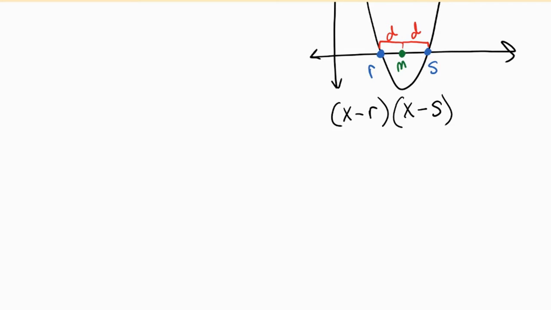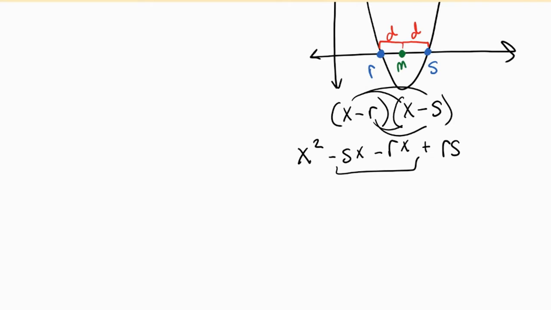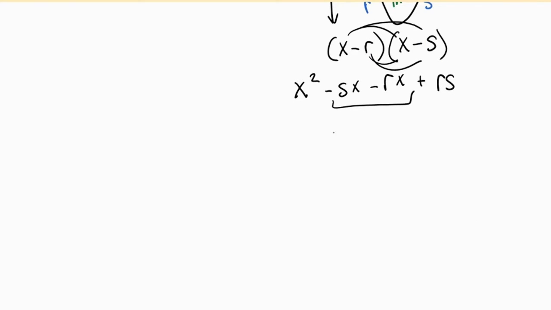Then I'll go ahead and multiply these out: x squared minus sx minus rx plus rs. Then we're going to do a little cleanup with these two terms. I can factor out a negative x, s plus r, and then switch these terms around, r and s, just to keep them left to right like we had initially.